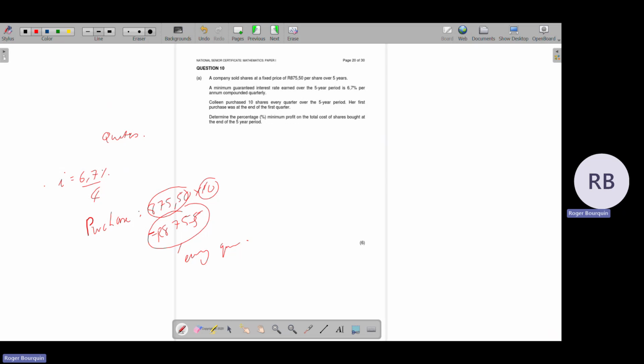Okay, so now if I start drawing my timeline. Then it says her first purchase, and it will always be like this. They can't change the time frame, right? So at T0, this timeline is in quarters. How many quarters in a year? 4, right? And the interest rate throughout the sum is 6.7% over 4.